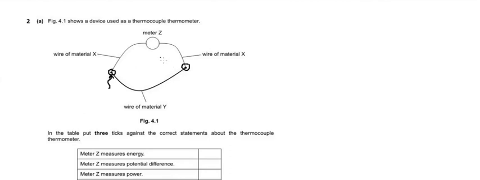Because of this temperature difference, we get the potential difference, which can be measured with this meter. Here, this meter must be the voltmeter to measure the potential difference. Once we get the potential difference, with the help of that potential difference, we can measure the temperature difference.